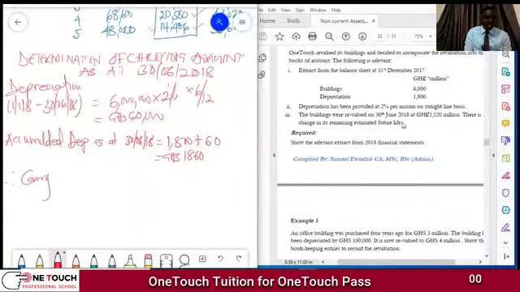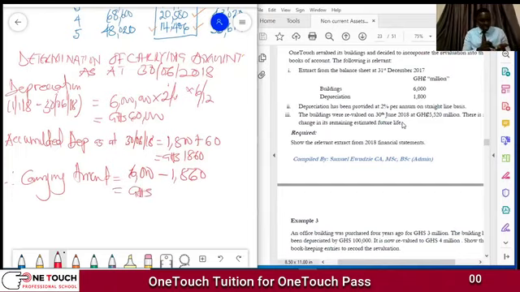Therefore, the carrying amount is equal to 6 million minus 1,860,000, that is 60 minus 1860, which gives 4140.